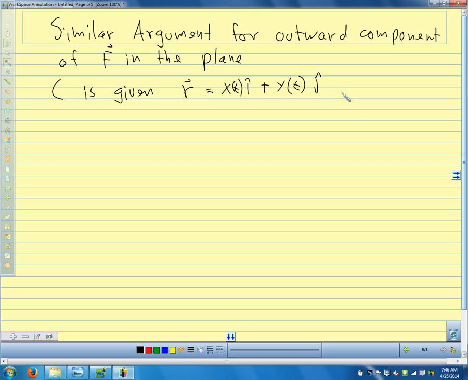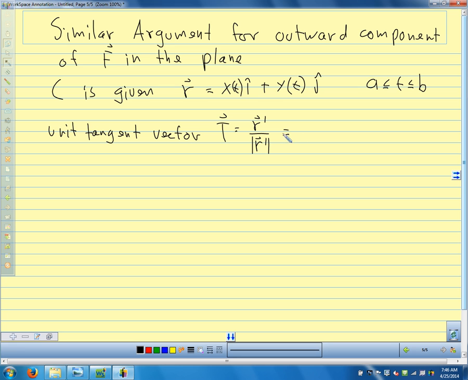And we're going around this curve from A to B. Our unit tangent vector on our curve, T, is r prime over the magnitude of r prime.